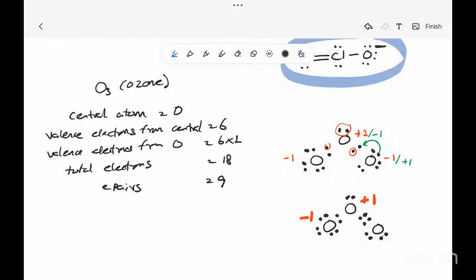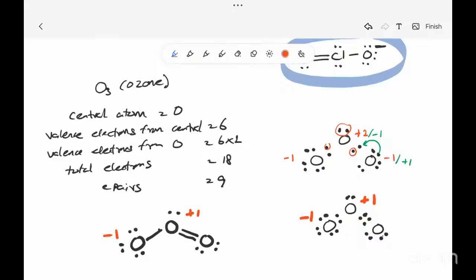So if I draw the Lewis dot dash structure, it's something like this: oxygen, single bond here, double bond here, and we have two lone pairs here, one lone pair here. Here we have three lone pairs, and we have plus one here and minus one here.